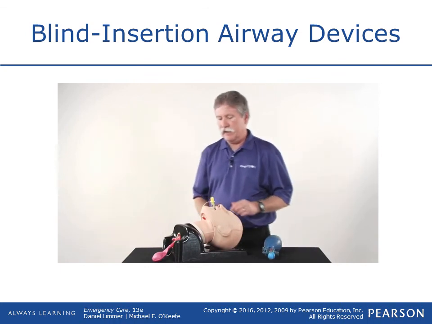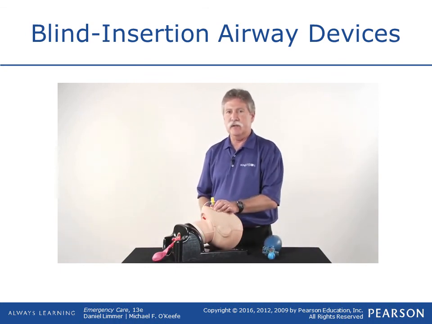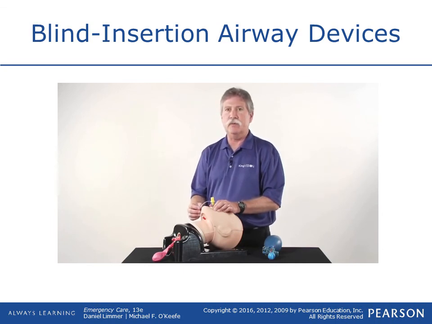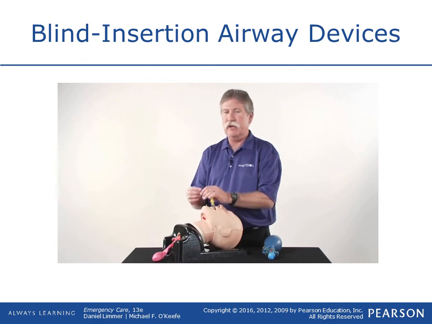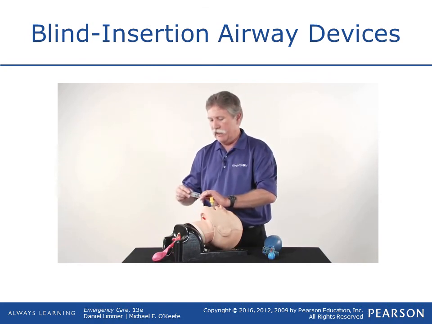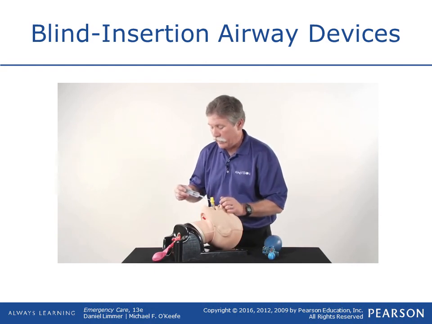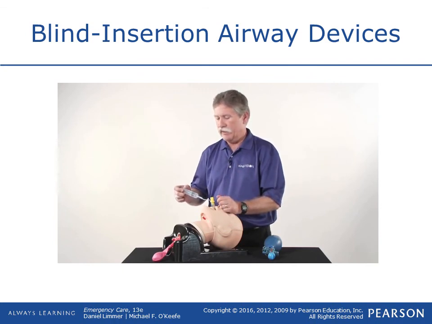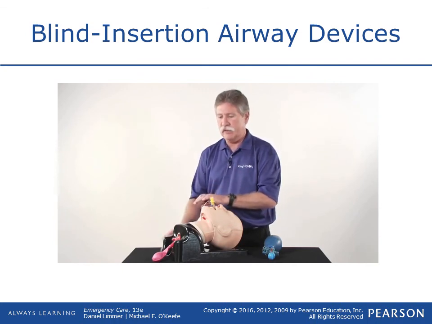At this point, you can make sure that the cuff inflation volume is matched to this particular patient by either using a pressure gauge or by inflating or deflating the cuff until you get a just leak condition at the ventilatory pressure you're employing, and then just give a little bit more so that you make sure you have a seal.